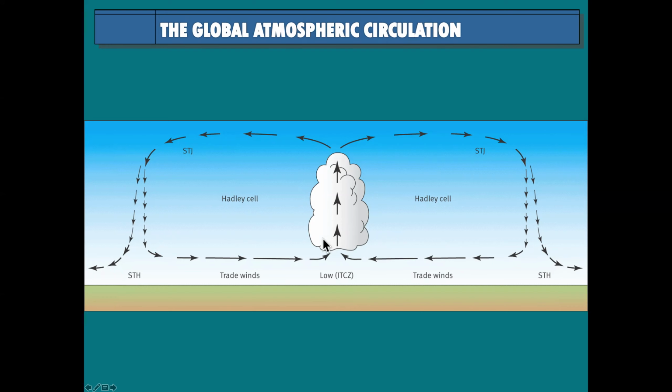This is a very simplistic way of looking at the atmosphere, but it yields a lot of information that gives you the basic setup that you tend to find on a day-to-day basis. And there is an animation found in that same YouTube playlist for you to take advantage of.